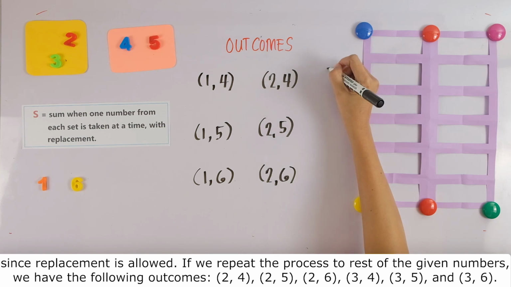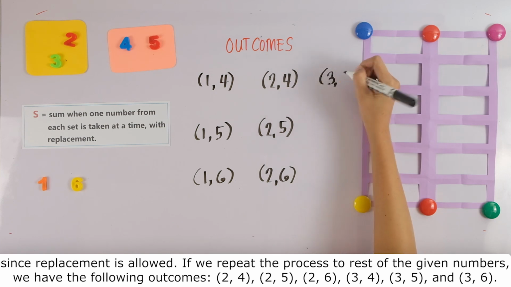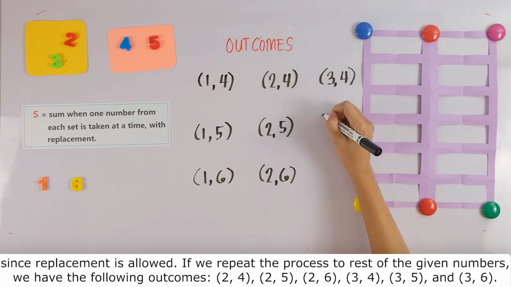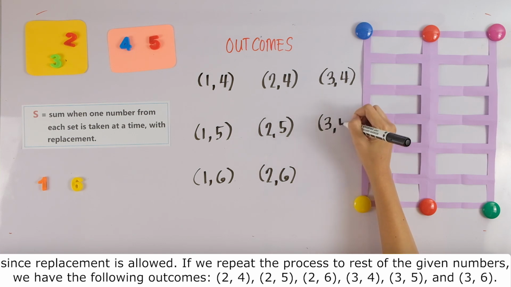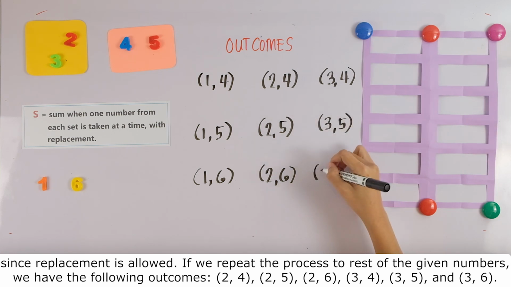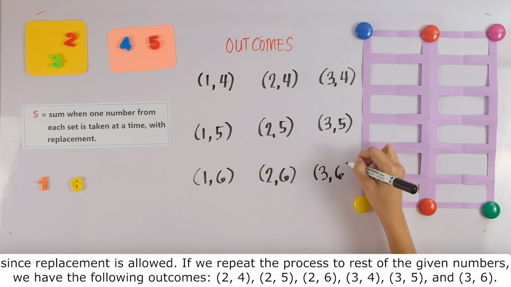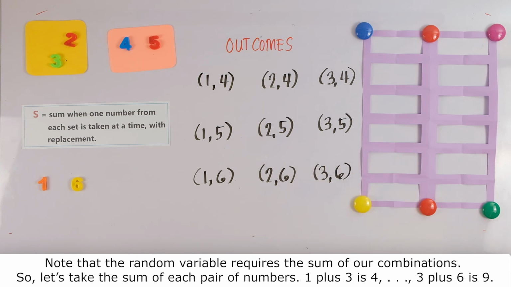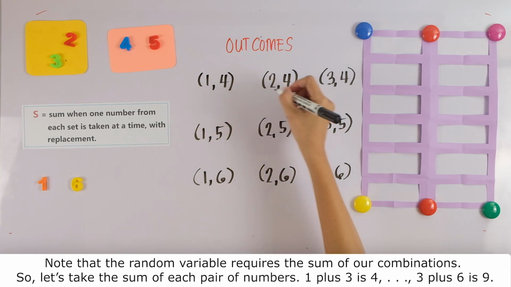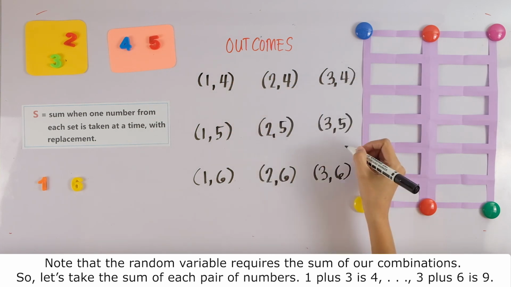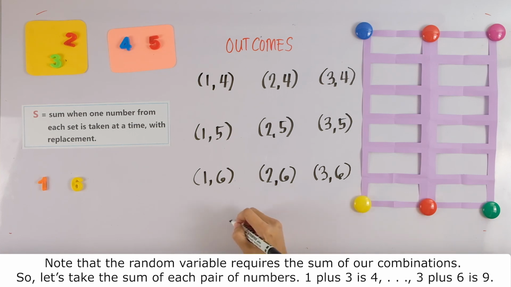The last group of outcomes will be 3 paired with 4, 3 paired with 5, and 3 paired with 6. Hence, we have here a total of 9 outcomes.